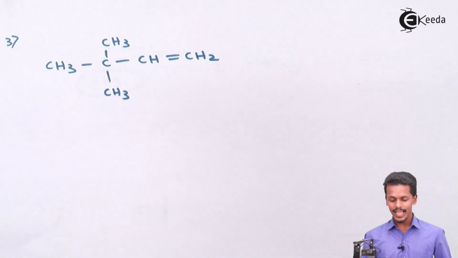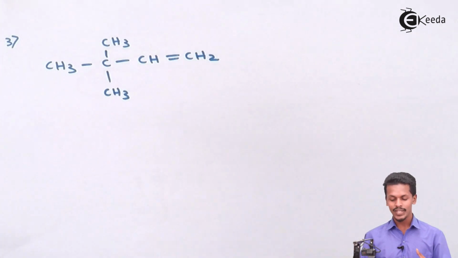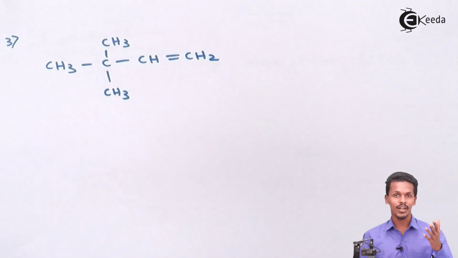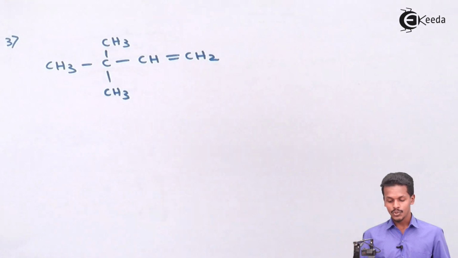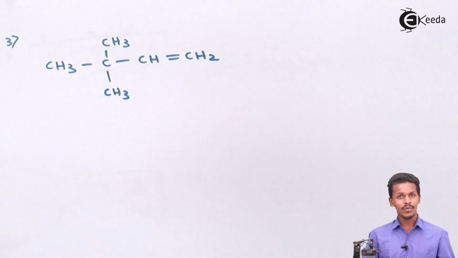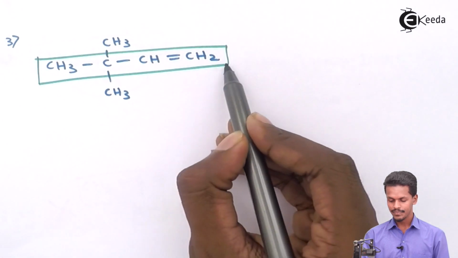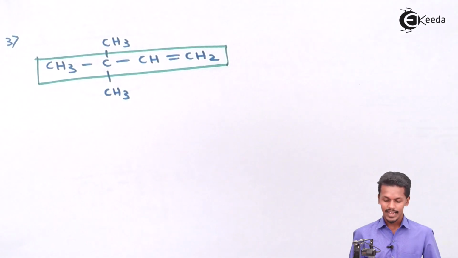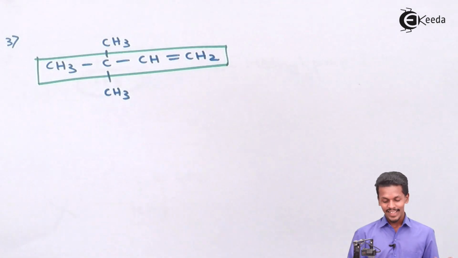This is the third one that we have, and the first thing that we have to do is the very common thing that we did in alkane also, that is, set the longest chain of carbon atoms, and that should be in continuous form. In this case, I can easily predict that this one is the longest chain that I can observe, and now the main thing is numbering.